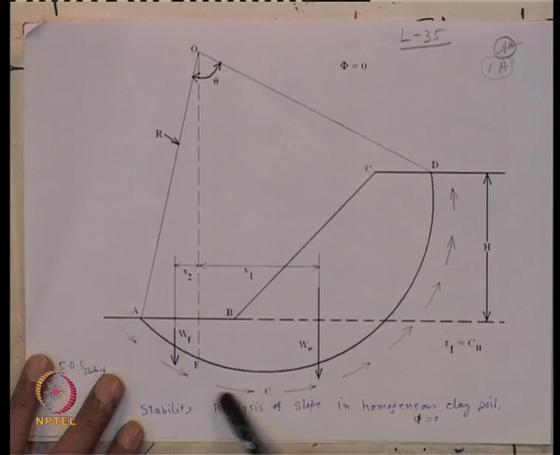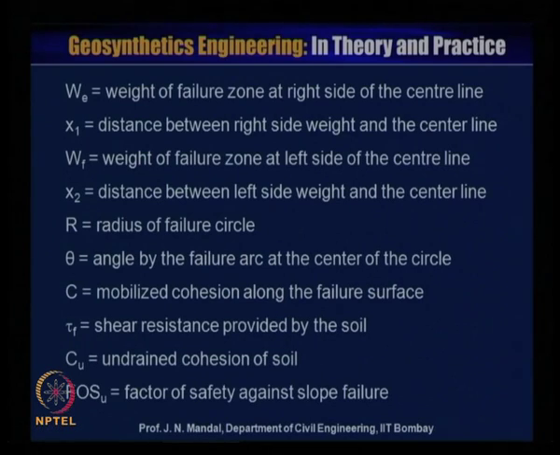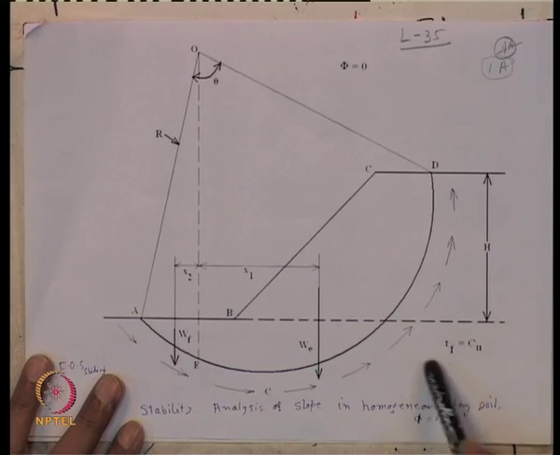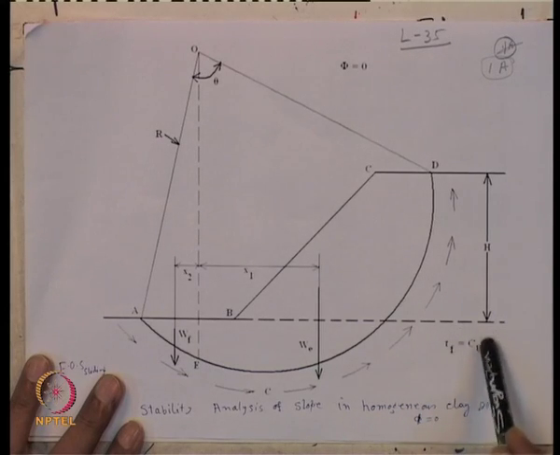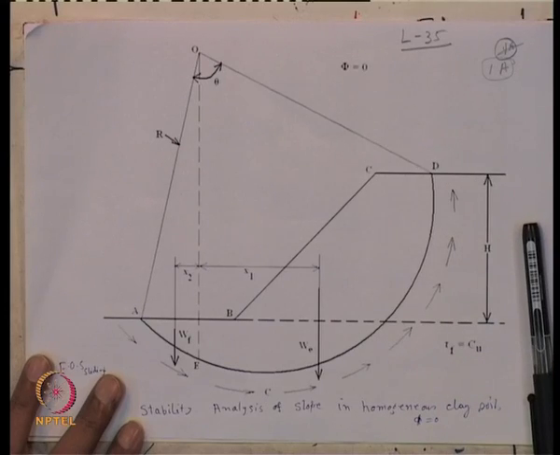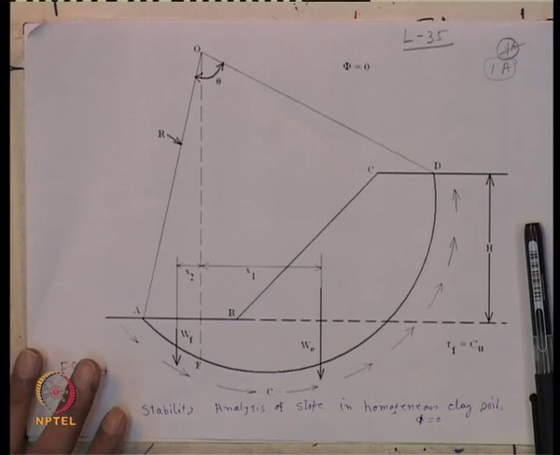This is C, the mobilized cohesion along the failure surface, and tau is equal to the shear strength of the soil, which we call Cu. Cu is the undrained cohesion of the soil, and you have to check the factor of safety against slope failure.